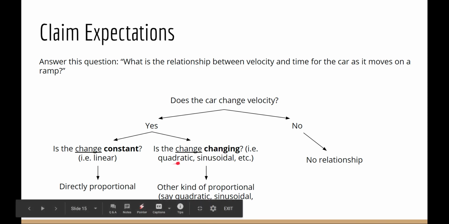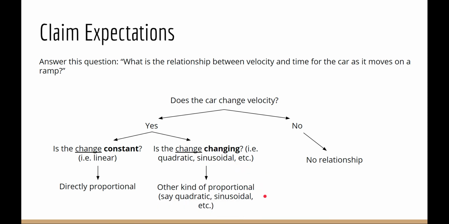We call that quadratic or sinusoidal or whatever. So we would say that relationship is quadratic. You've seen this in math class before. Sinusoidal is just like a line that goes up and down. So this is what we need for the claim.